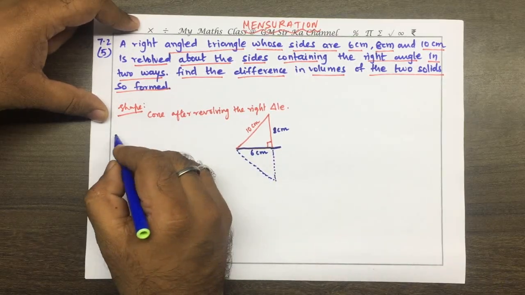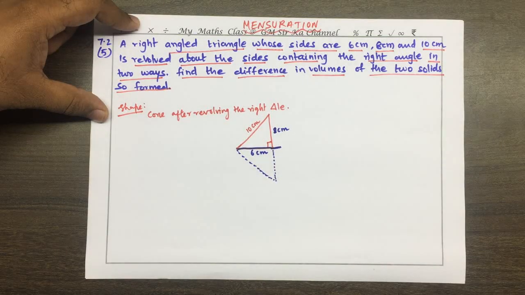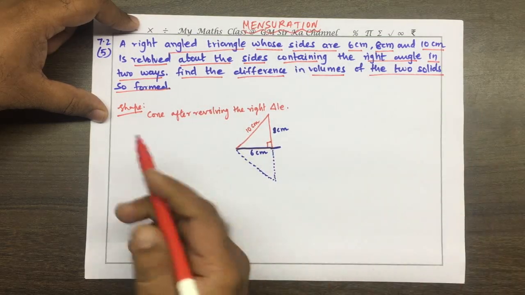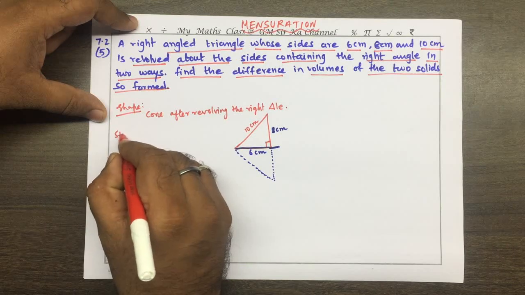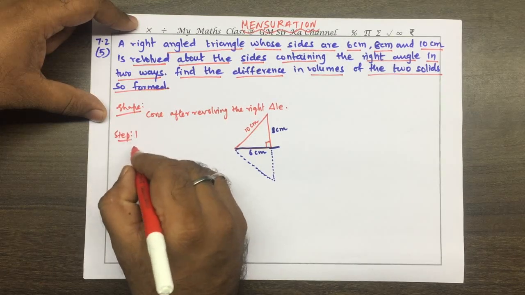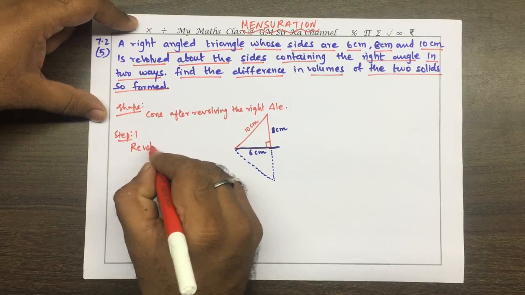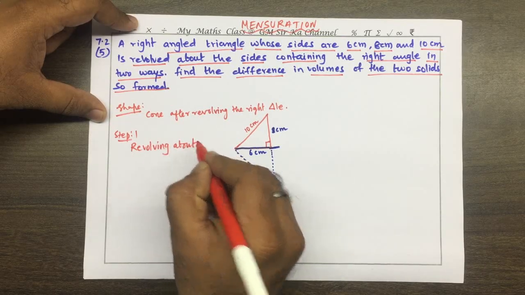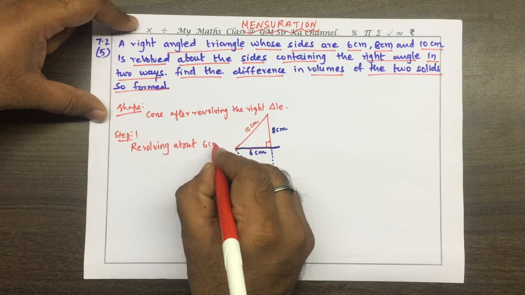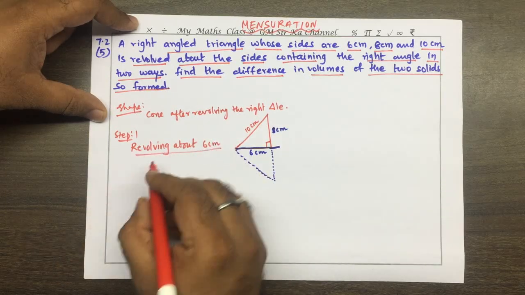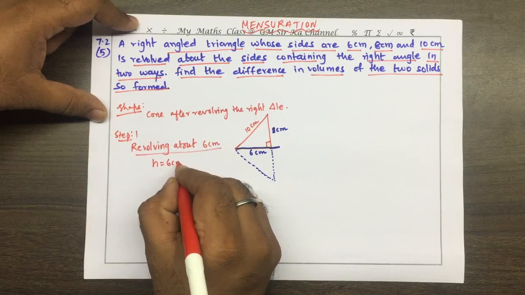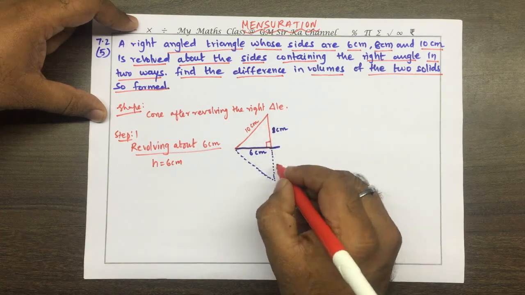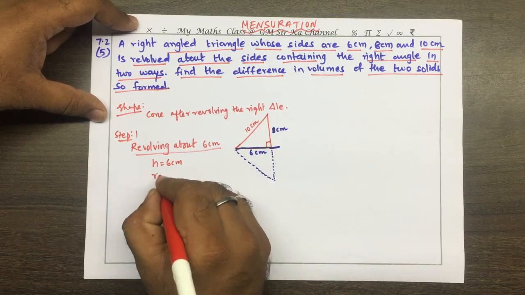Step 1, revolving about 6 centimeter, then h equal to 6 centimeter and radius becomes 8 centimeter.